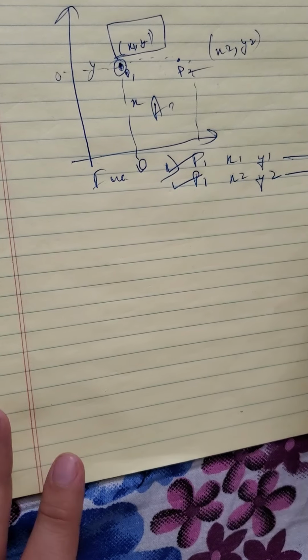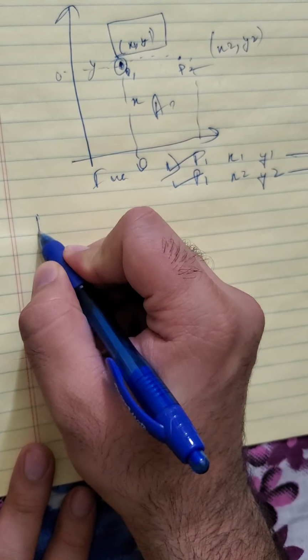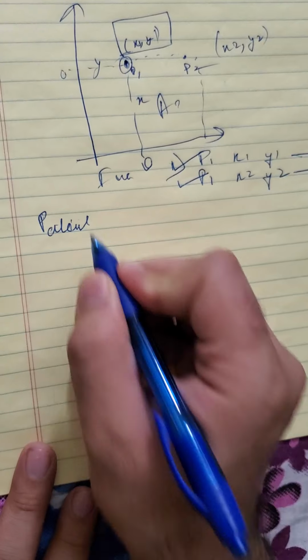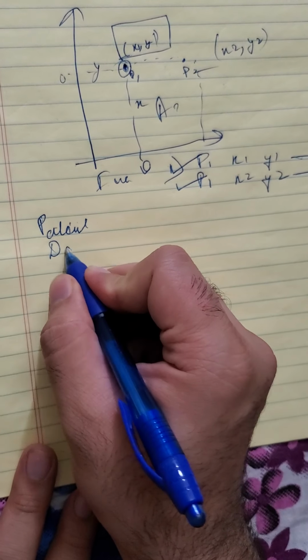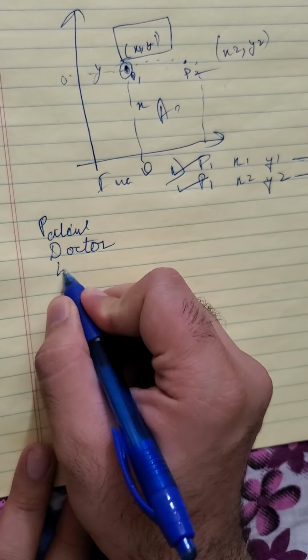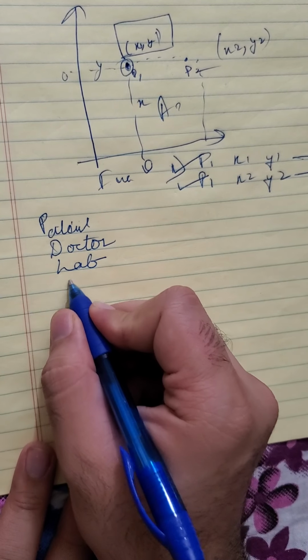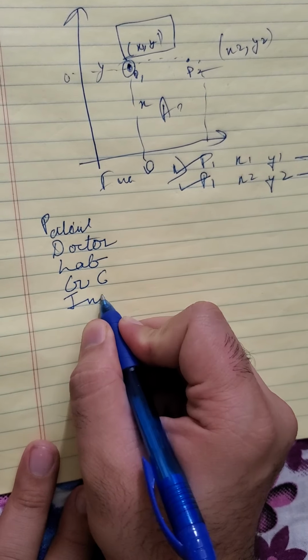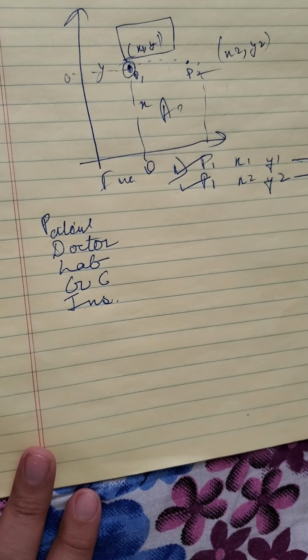So I'm just going to write the names: patient.csv and doctor.csv, laboratory.csv, credit card.csv, and insurance.csv. So these five CSVs.